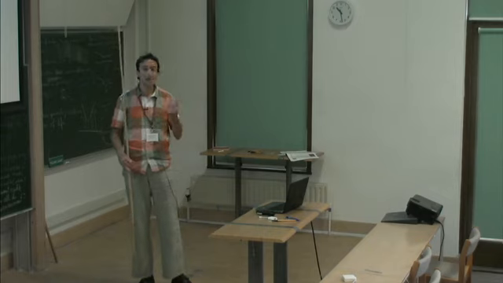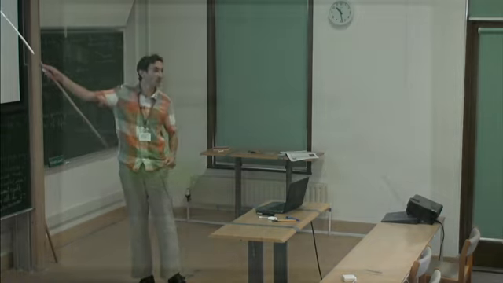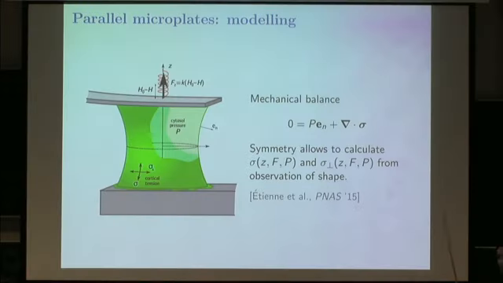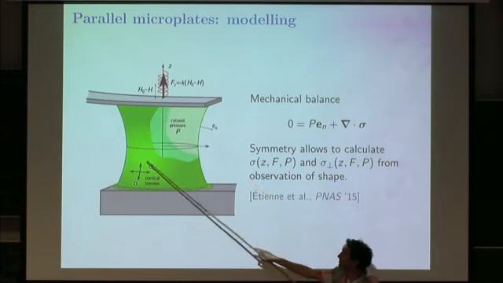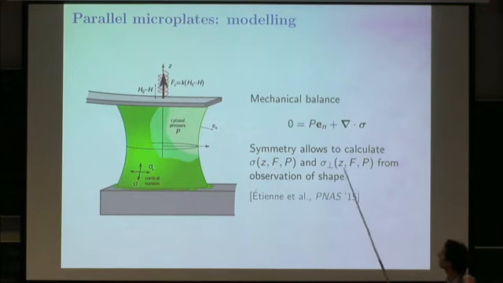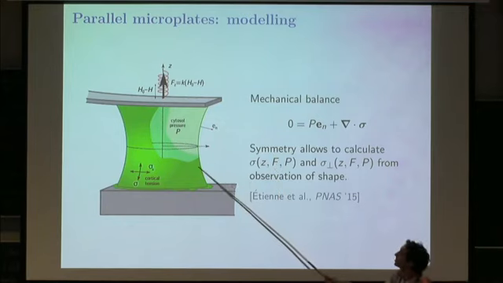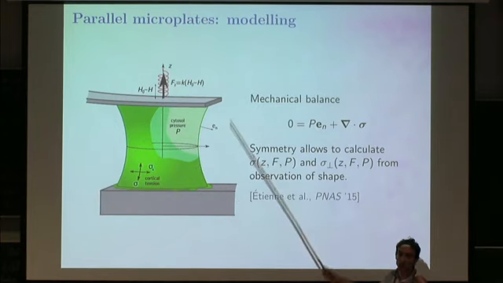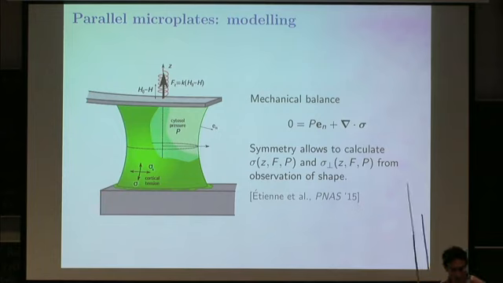Because of the symmetries, you can actually solve this divergence, integrate it, and get the stress in both directions, because it doesn't have to be isotropic. You can get the stress as a function of the position here, and also the force you measure, and the pressure in the cytosol.